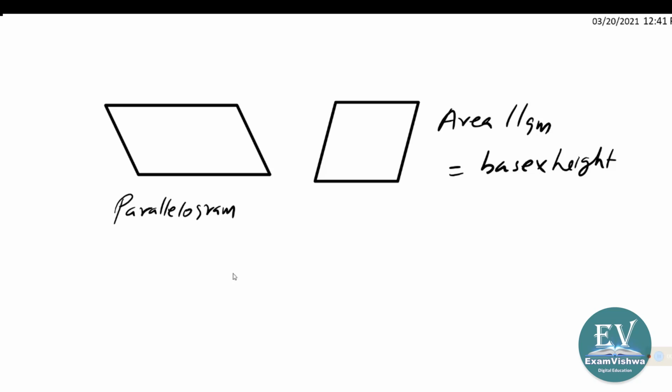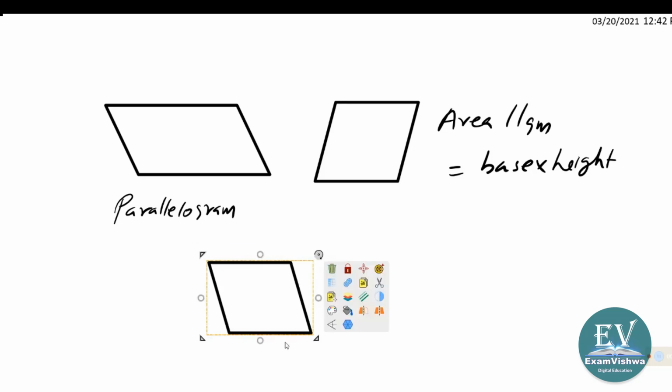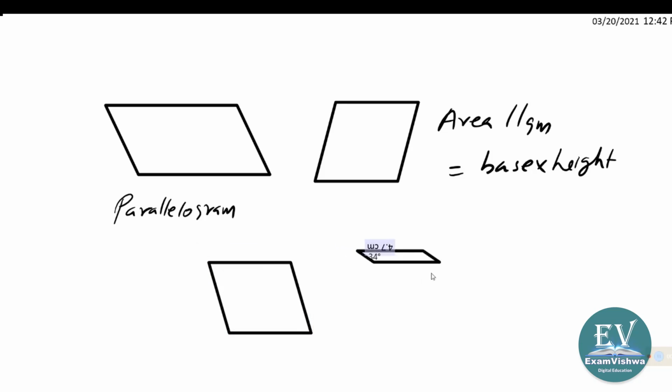Further, you found that there is another figure connected with the parallelogram which is named a rhombus, where all the sides of the parallelogram are equal. A rhombus can be like this or it can be like this, but the peculiarity is that all its sides will be equal.